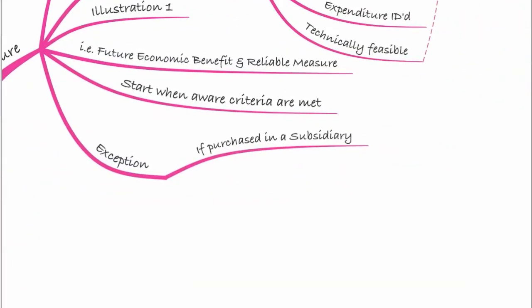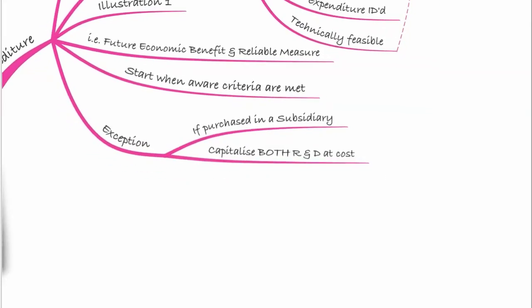If you acquired a subsidiary that had research and development expenditure, we capitalize both the research and the development. So remember, usually we expense research costs. Well, if we buy it as part of a subsidiary, we capitalize it. It's just a little quirk, a little exception in the standard. Be aware of it, but it's not a big issue.